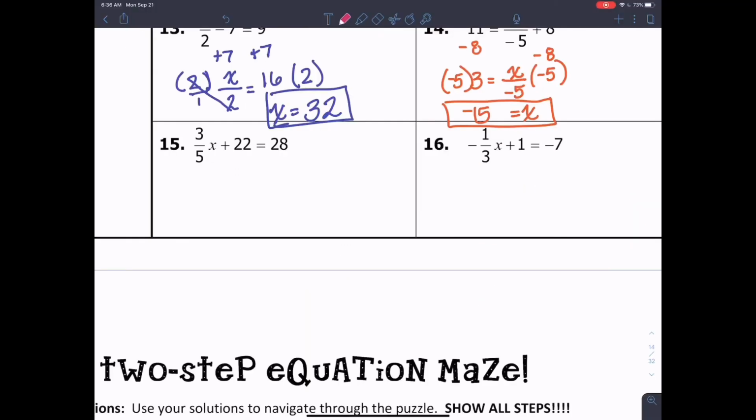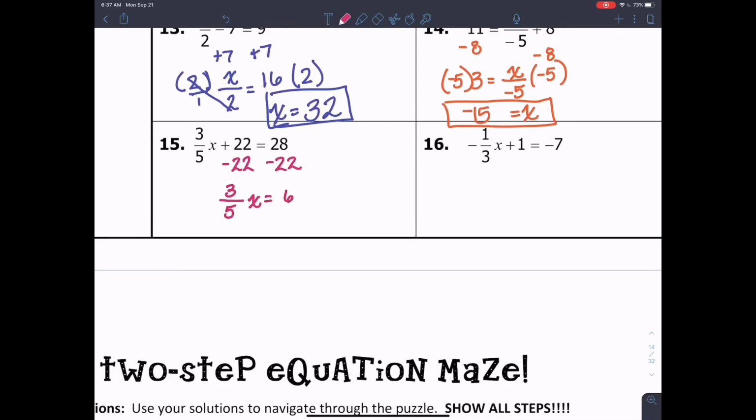Okay, so let's see how we did on number 15. Remember, we need to first isolate our variable term. I do that by bringing this 22 over to the other side. So what I'm left with on the left is 3/5 x equals 28 minus 22 is 6.